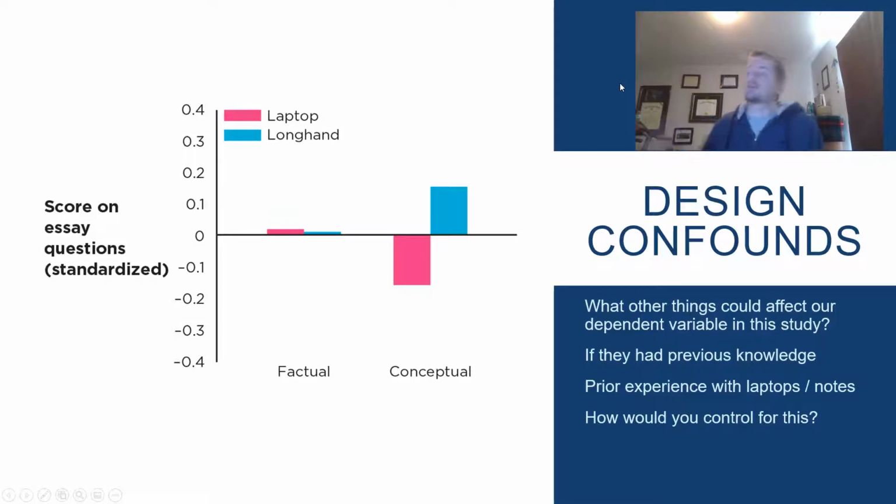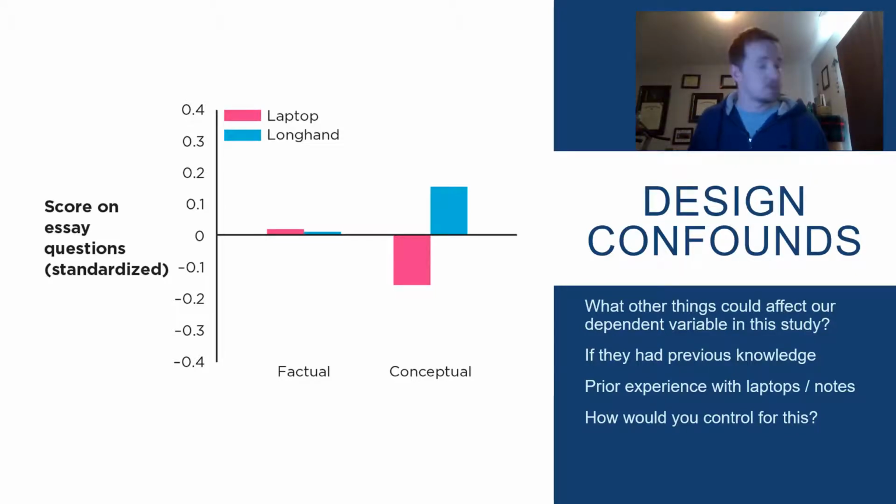So, for example, if you were to look at this, there might be some other design confounds, right? There might be some things that influence what it is that we are measuring here. So, I told you that they were watching a TED Talk. Did we control to see that those participants all had the same kind of background with that TED Talk?